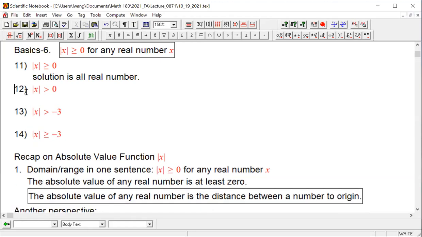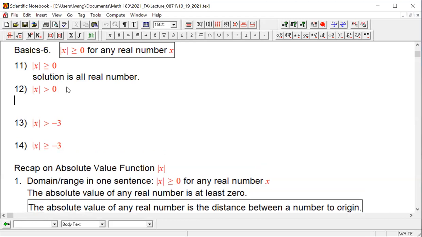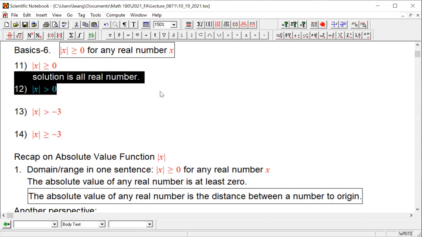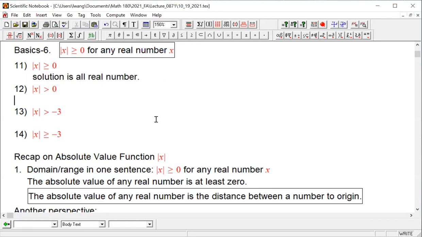Number 12. The solution is all real numbers except 0. Perfect. Wonderful.